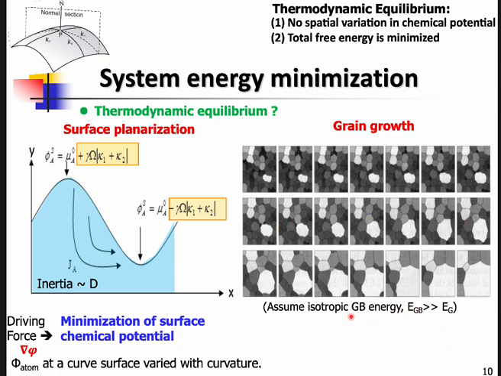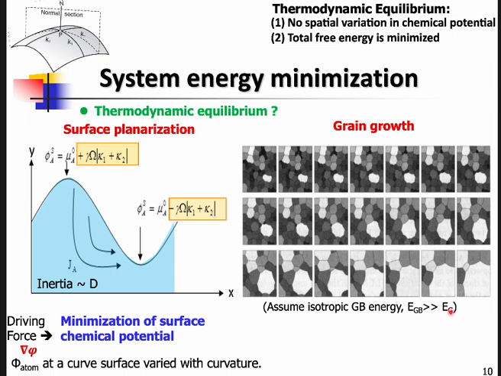And here we know the energy. First of all, we assume that we have an isotropic grain boundary energy, which means the grain boundary energy is the same everywhere on the grain boundary. We assume that, but as we know, the energy of the grain boundary is much larger than the energy inside the grain.